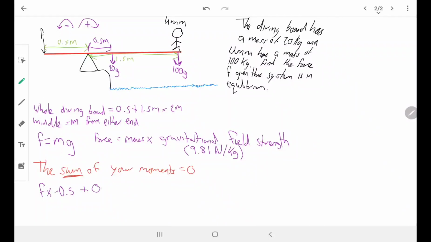Plus 0.5 times 20g, because that's 0.5 meters times 20g. And then I've got a plus. Well, how far is it from the pivot to there? That's 1.5 times 100g, and that equals 0.